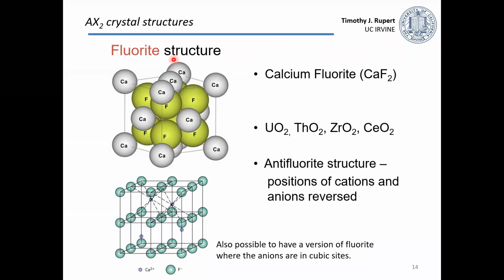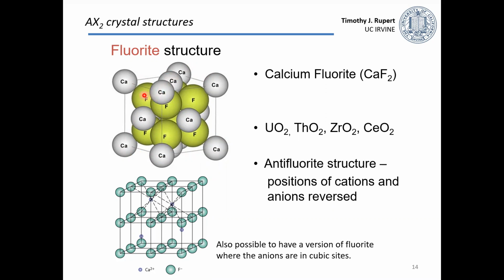This right here on the top is one of the ways that calcium fluorite can arrange, and it's actually called the fluorite structure. What this looks like is it has the calcium atoms on all of the face-centered cubic sites. Okay, so corners and the faces of this cell are filled with calcium atoms.